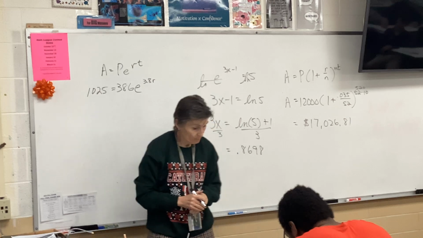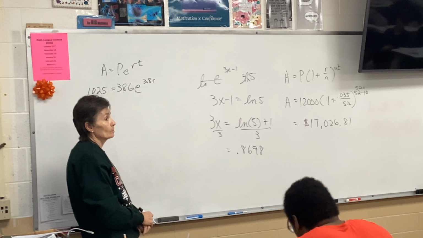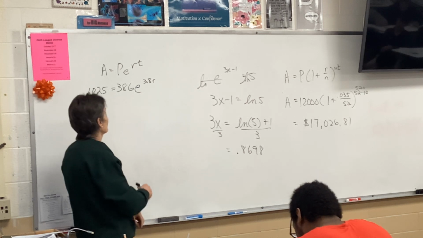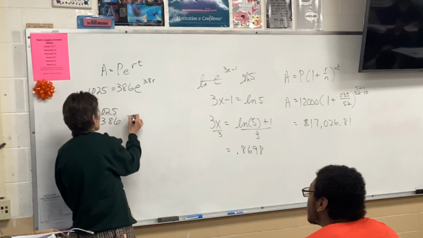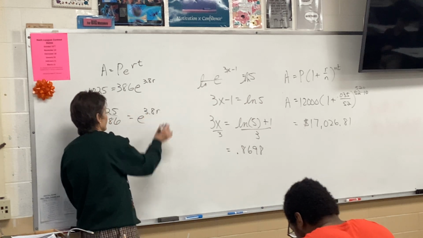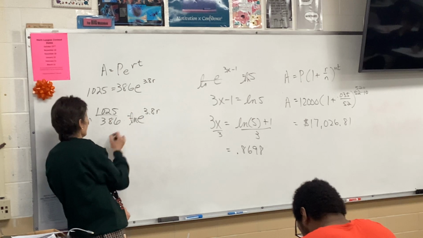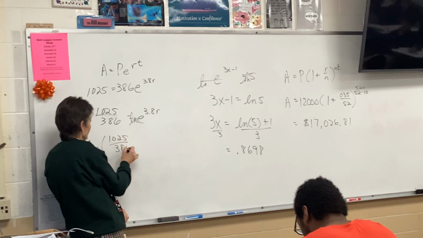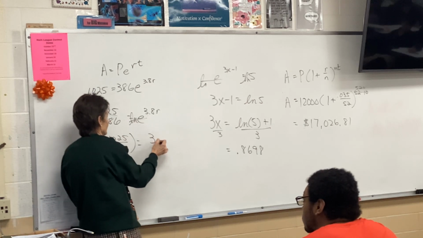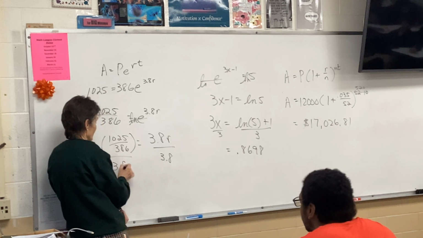So we're trying to find the percent. Yep, the growth constant. So, what do we do first? 1025 divided by 386. And then we're going to ln both sides. And then divide by 3.8.